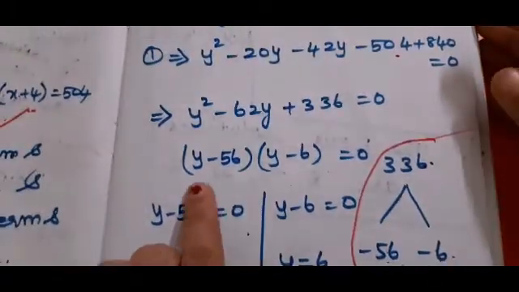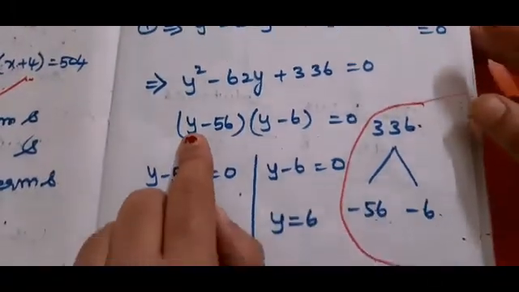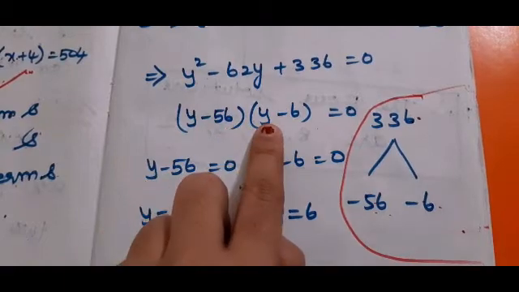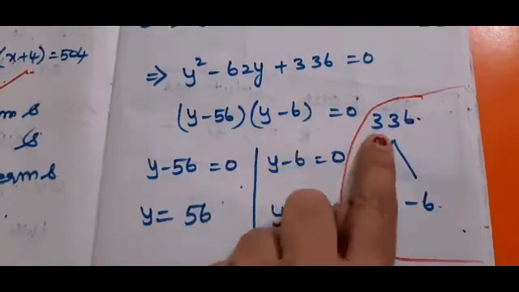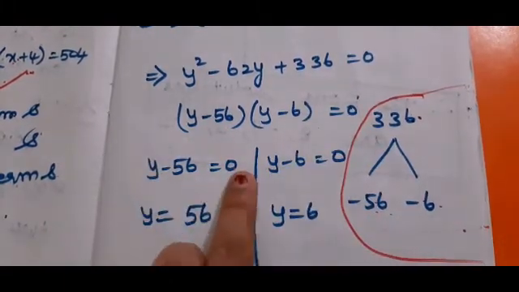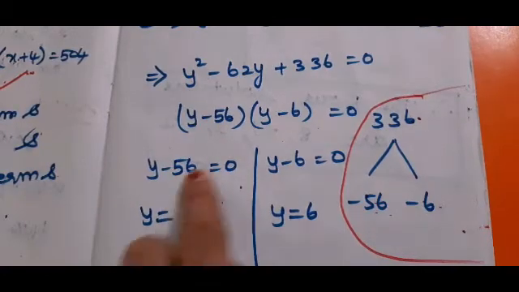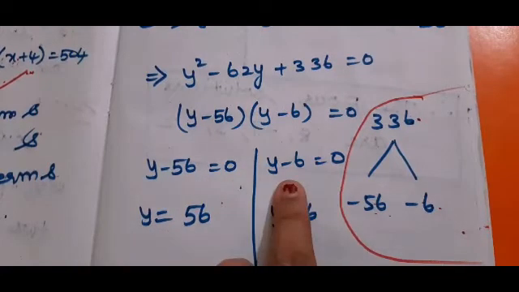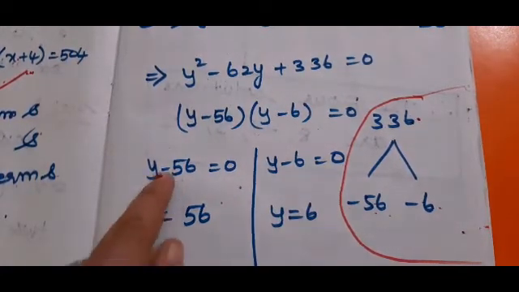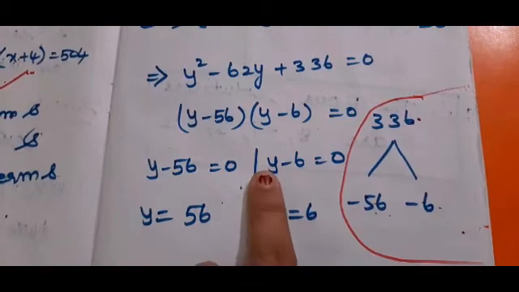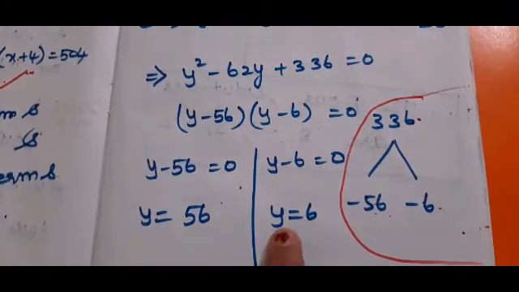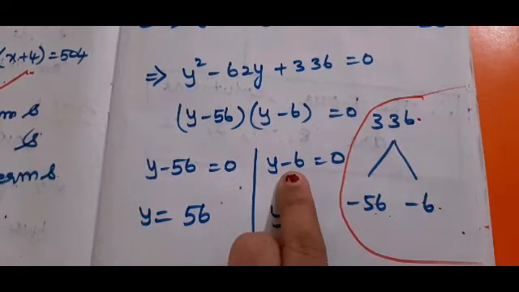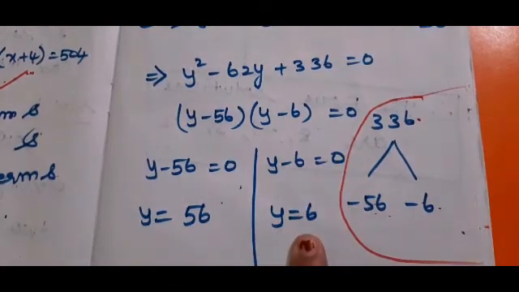So now I can factorize this as (y − 56)(y − 6) = 0. So y − 56 = 0, first case I am considering. y − 6 = 0, the second case. So y = 56, taking the negative 56 to that side, and y = 6, taking the negative 6 to that side.